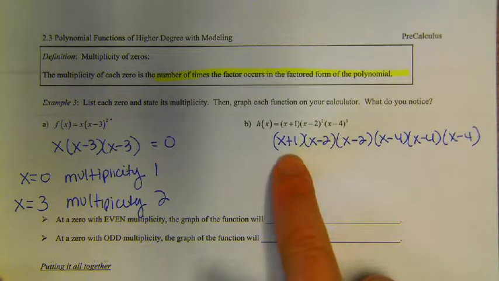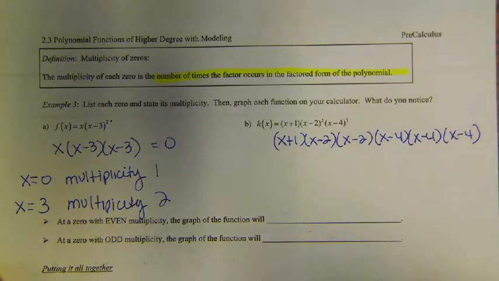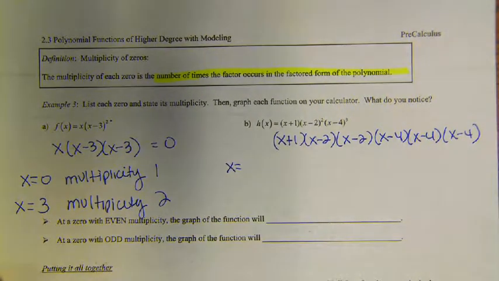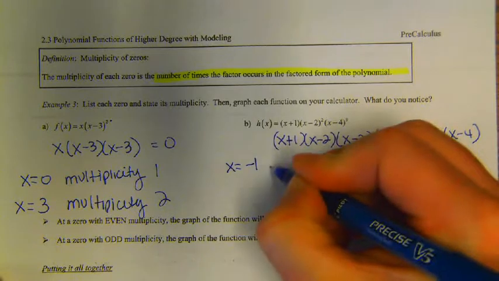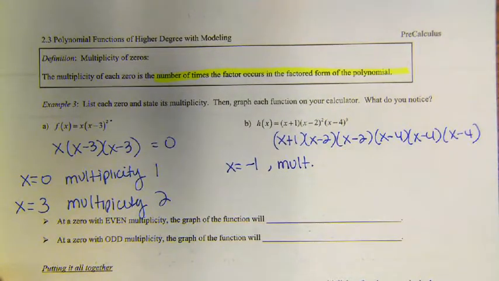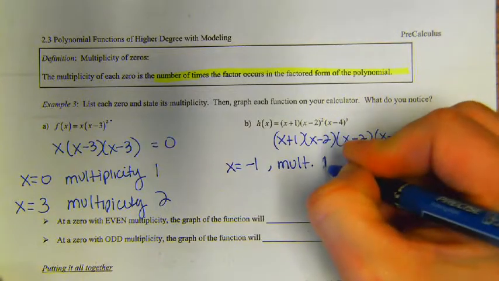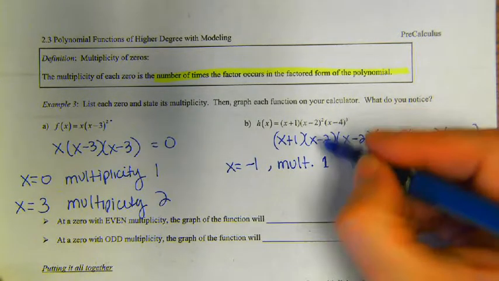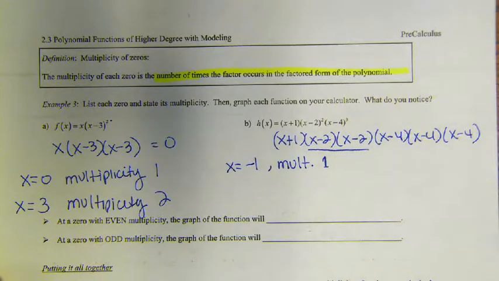All right, let's do the zeros. Let's address this one first. What would make this factor 0? X equals negative 1. What's the multiplicity? So I'm going to just abbreviate if you're okay with that. Multiplicity of 1. All right, the next factor is x minus 2.